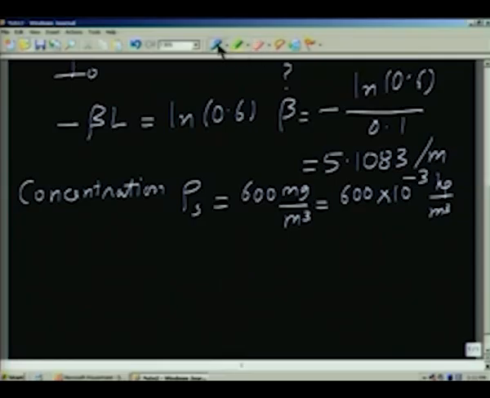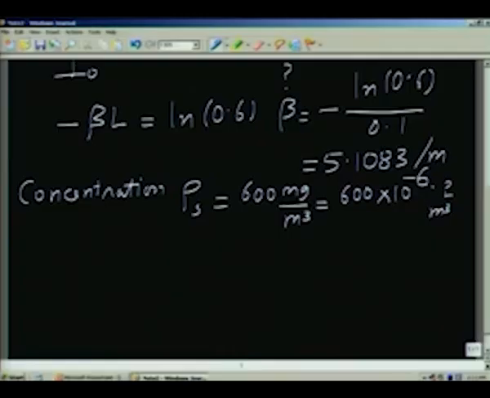Because 1 milligram is 10 to the power of minus 3, actually this is 10 to the power of minus 6. So, let me just correct it, because I am putting everything in terms of 600 into 10 to the power of minus 6 kilogram per meter cube.